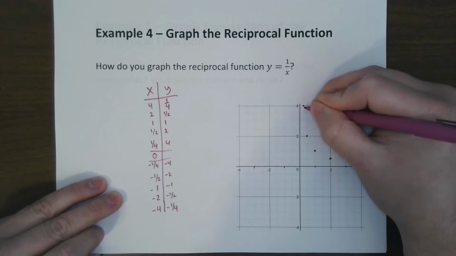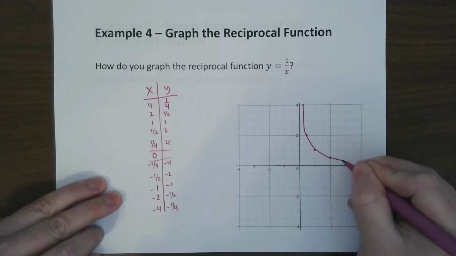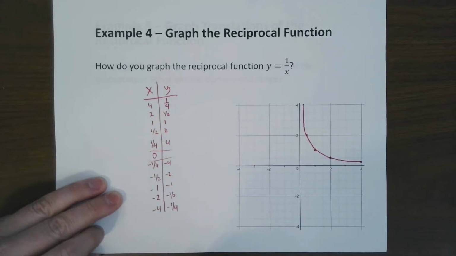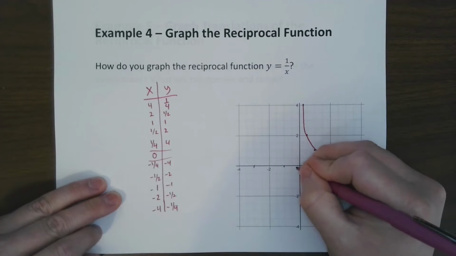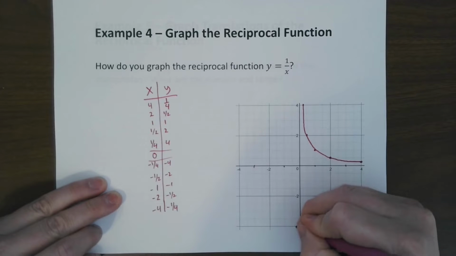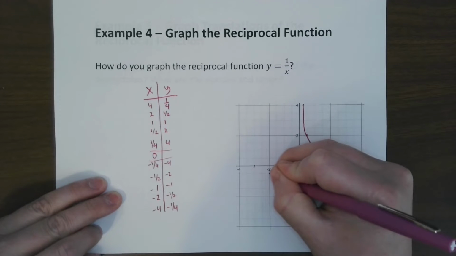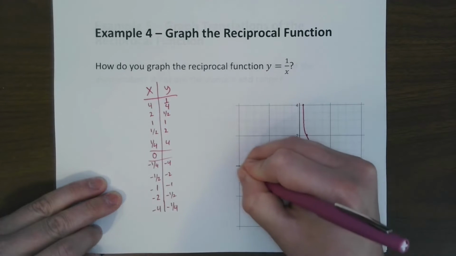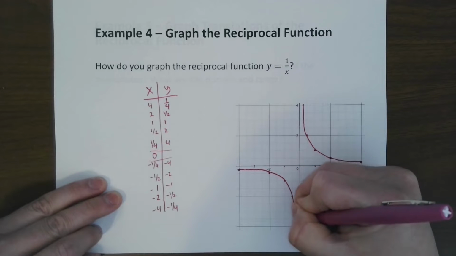So if you notice, our curve kind of goes like this. And now for this side, we're skipping 0 for now. -1/4 would be right here, then -2, -1. So we get this curve like this.